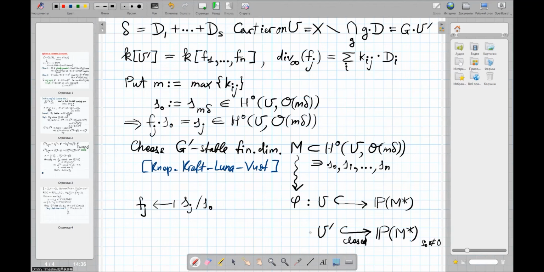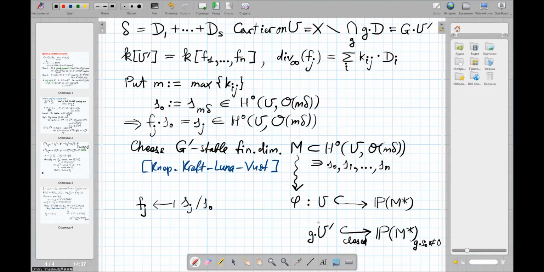And since everything is equivariant, we may act by an element g here and here, and this will still be a closed embedding. But these guys, gU prime, are the open cover of U. So if you have a map which is a closed embedding locally on an open cover, then it is an embedding, maybe not a closed embedding, because this chart may not cover the whole P of M star, but it is an embedding here.